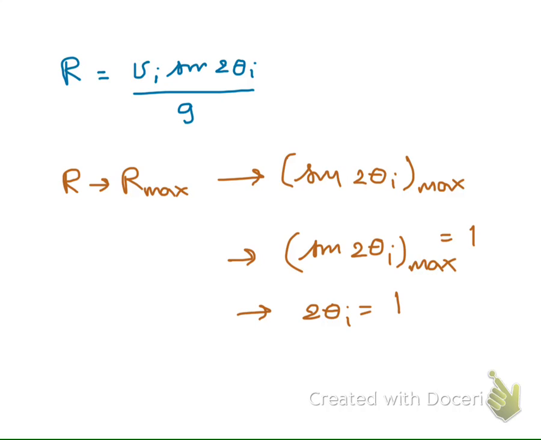So we have that 2 theta i is equal to pi over 2, or we have that theta i is equal to pi over 4, or we write it as 45 degrees. Okay, so this is a well-known result. If we want the maximum horizontal range, the projectile has to be fired at an angle of 45 degrees.